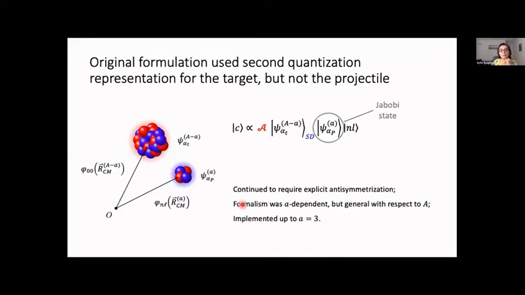And so this formalism was extremely successful actually, and has allowed us to perform calculations up to nucleon projectiles, but it became quite expensive, or less convenient to use once we wanted to go beyond nucleon projectiles.